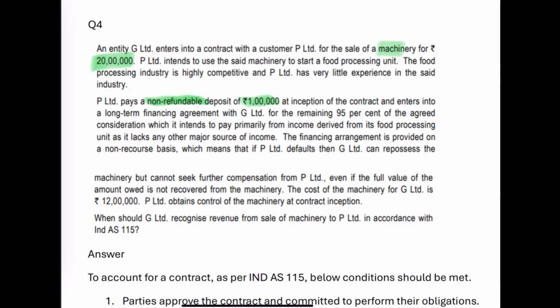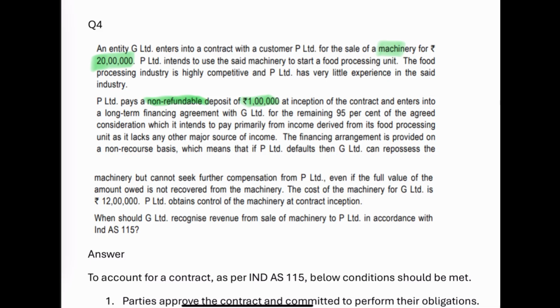So out of 20 lakh rupees, 5%, 1 lakh, is given as the non-refundable deposit, and the remaining 95%, which is 19 lakh rupees, will be paid over a period of time, as P Limited gets income from its business. Okay, if they don't get it, it's a big question mark whether the remaining 19 lakhs can be paid.